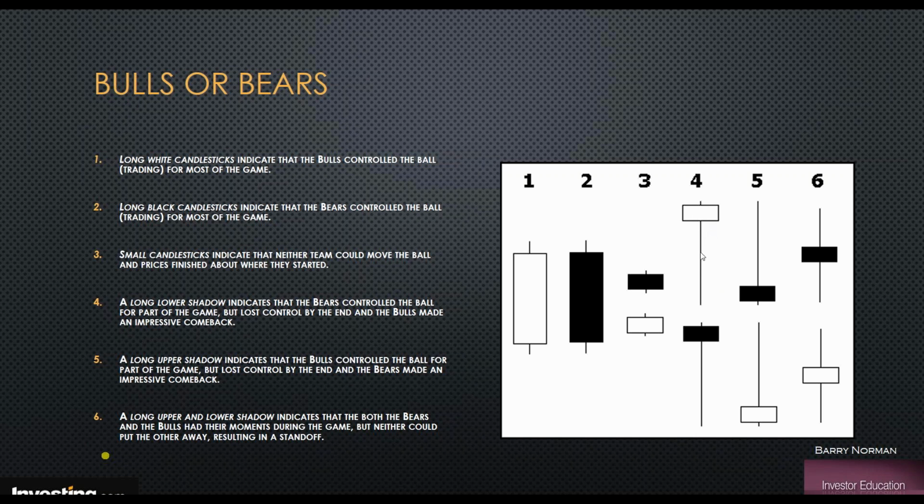So that meant the bears really pulled the market way down, but the bulls were able to come back at the end of the session and maintain their control. So number 4, a longer lower shadow, indicates that the bears controlled the ball for part of the game but lost control by the end, and the bulls made an impressive comeback.